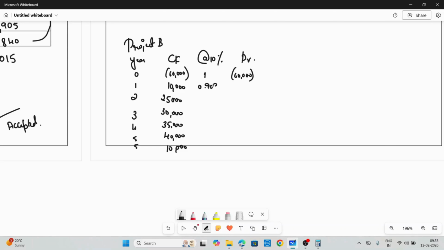Rate of interest is 1, 0.909, 0.826, 0.751, 0.683, 0.621 and 0.621. Now multiply this.